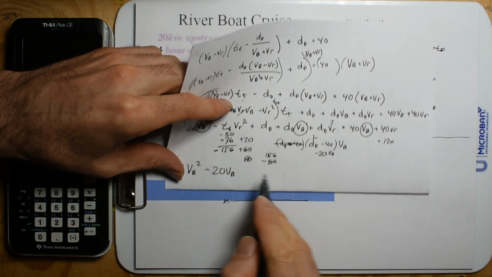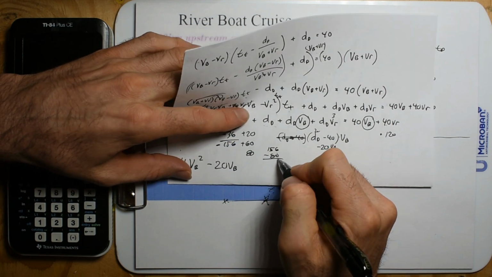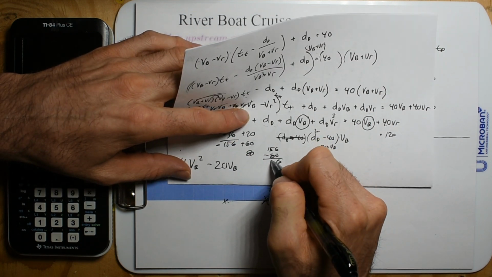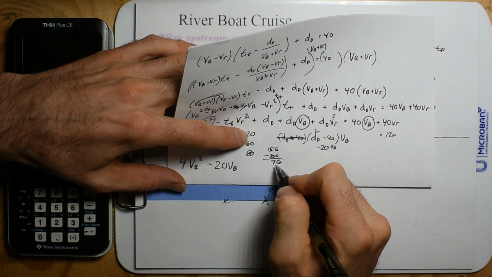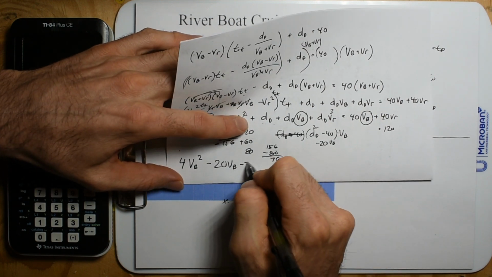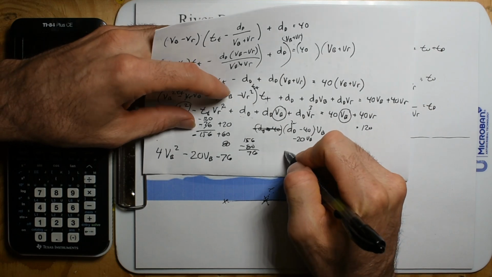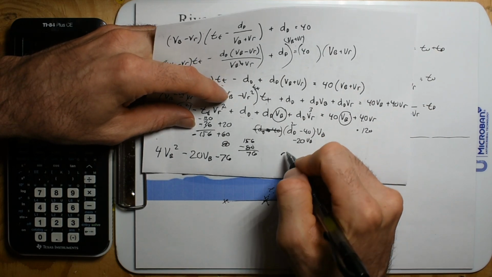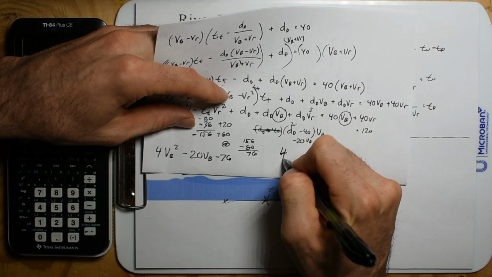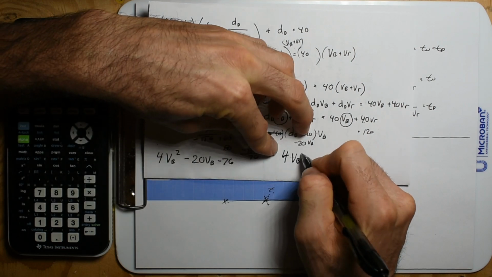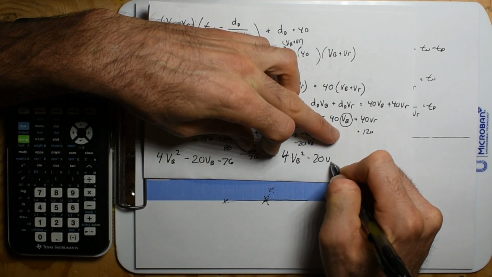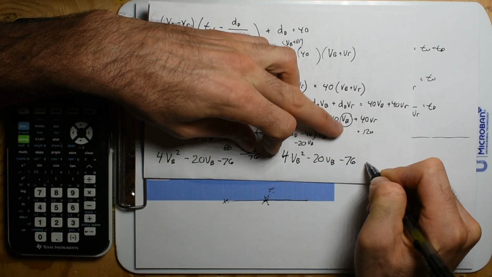Now, this is negative, keep that in mind. So we have 6 and then 7, so we have minus 76. Okay, so here's our quadratic equation: 4 VB squared minus 20 VB minus 76.